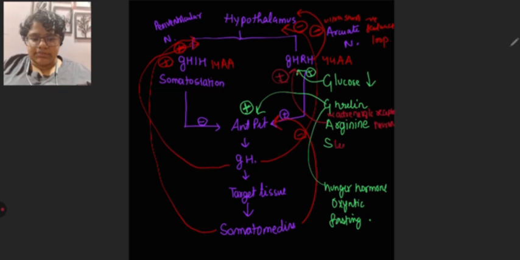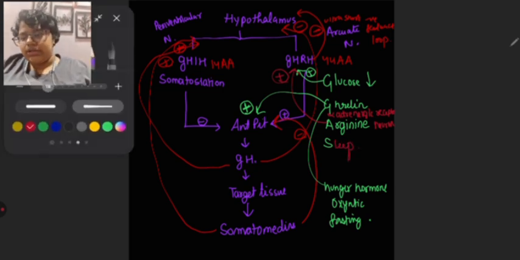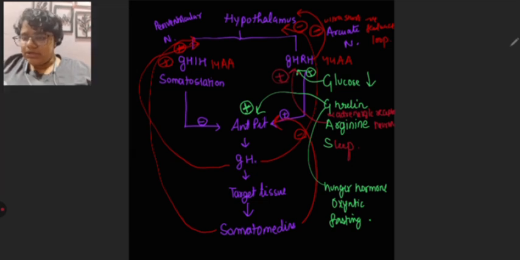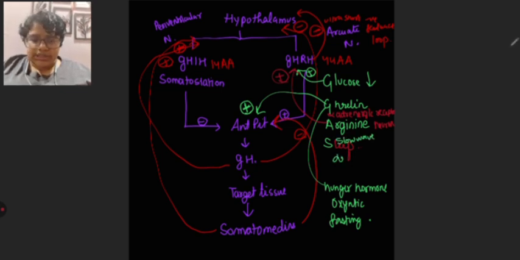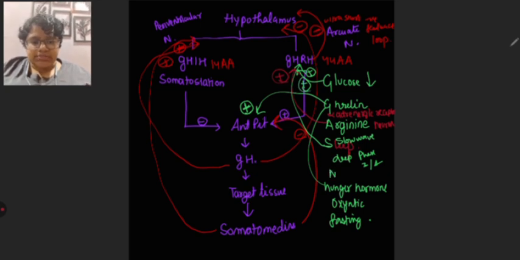Fourthly, sleep. We have heard that during sleep growth happens. Basically, growth hormone secretion is pulsatile. It does not happen in all stages of sleep, mainly the slow wave sleep or deep sleep, phase 3 or 4. It stimulates growth hormone releasing hormone again, and its mediator is the neurotransmitter serotonin.